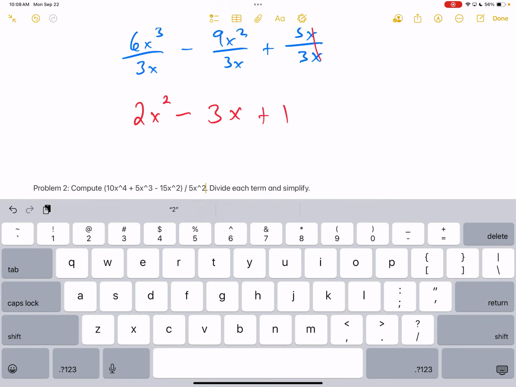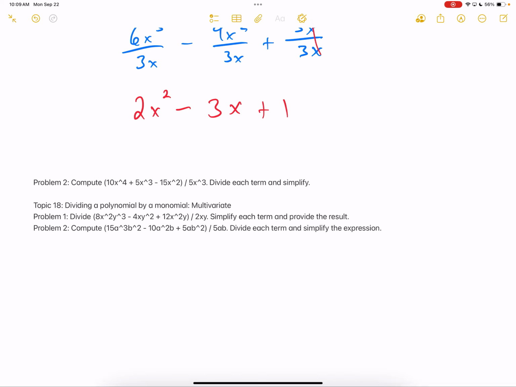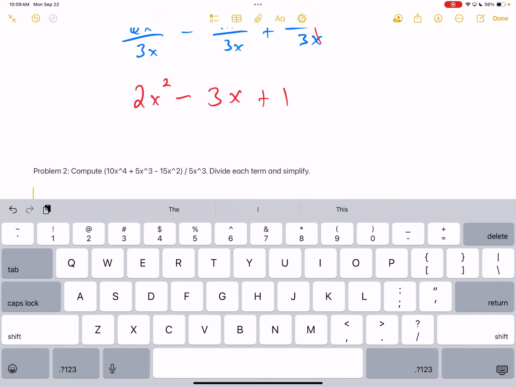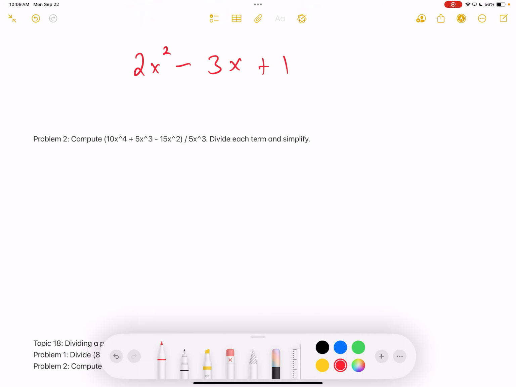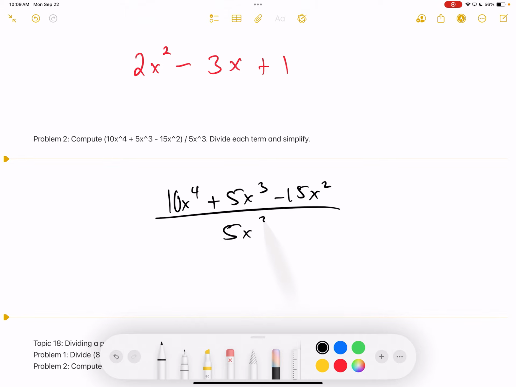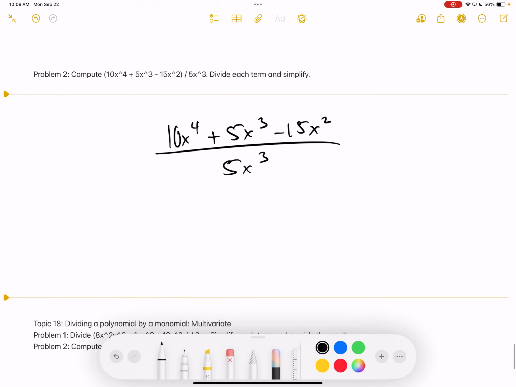I don't know if you're going to run into this problem, but I kind of want to work it just in case. Let's work this one, just in case you run into this one.